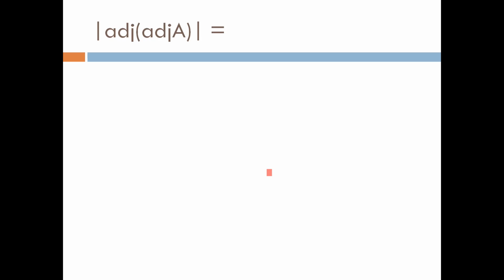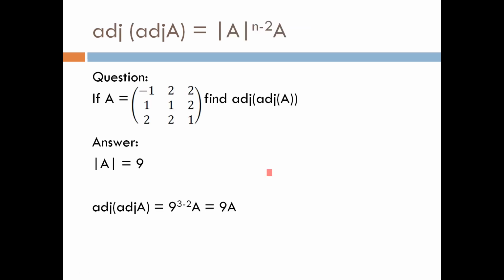Now for that adjoint of adjoint A matrix, how to find the determinant? The formula is determinant A the whole power n minus 1 the whole square. Usually, if the matrix A is given, you can find the adjoint of adjoint A matrix and then find its determinant value.